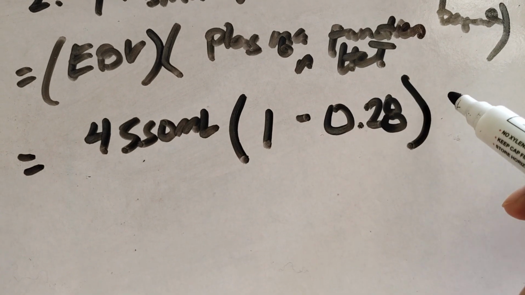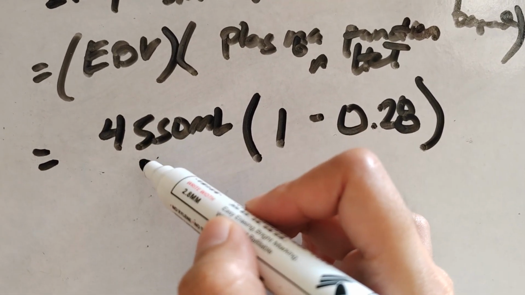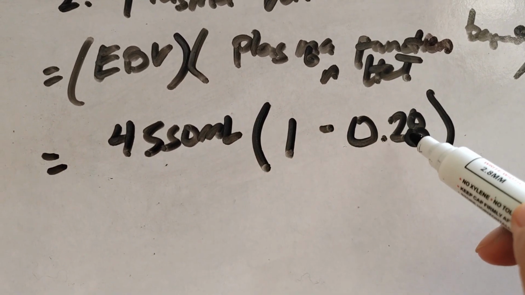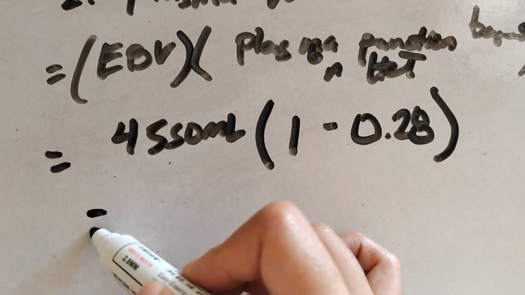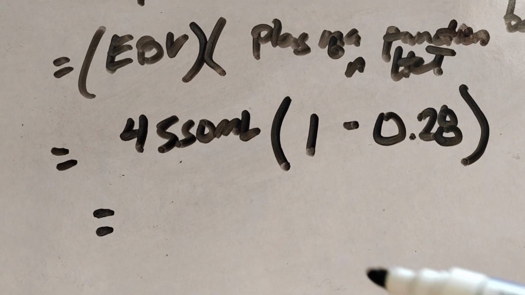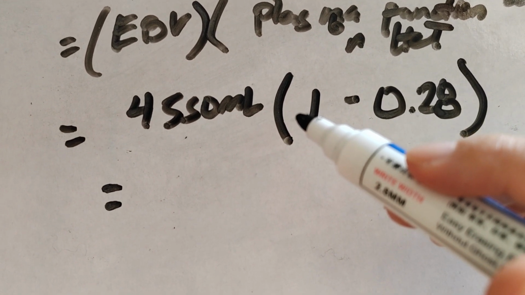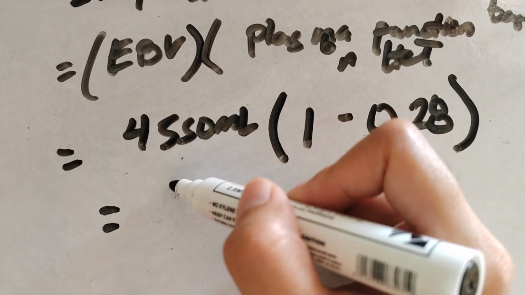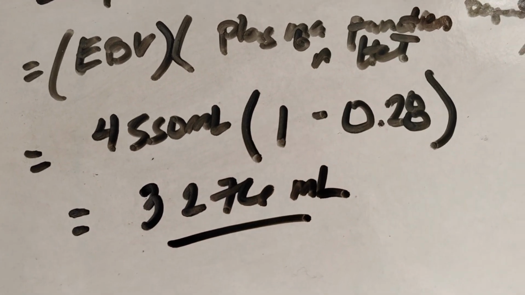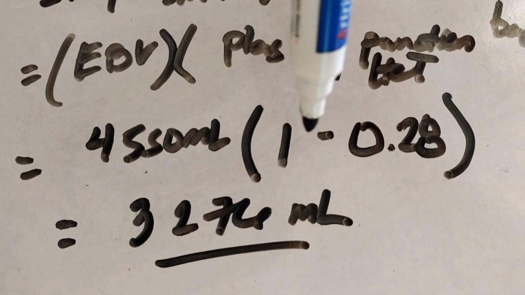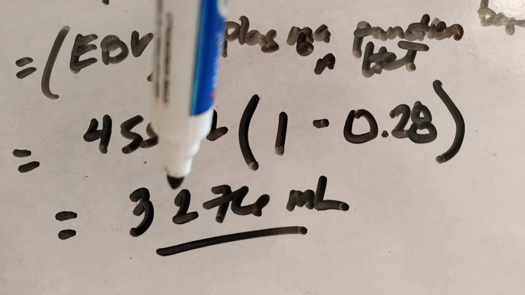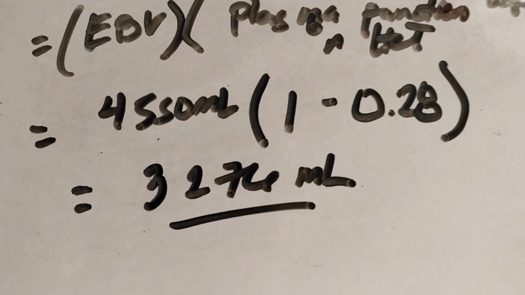So, 1 minus 0.28, and whatever the answer, times 4,550 ml, that's gonna give you 3,276 ml.